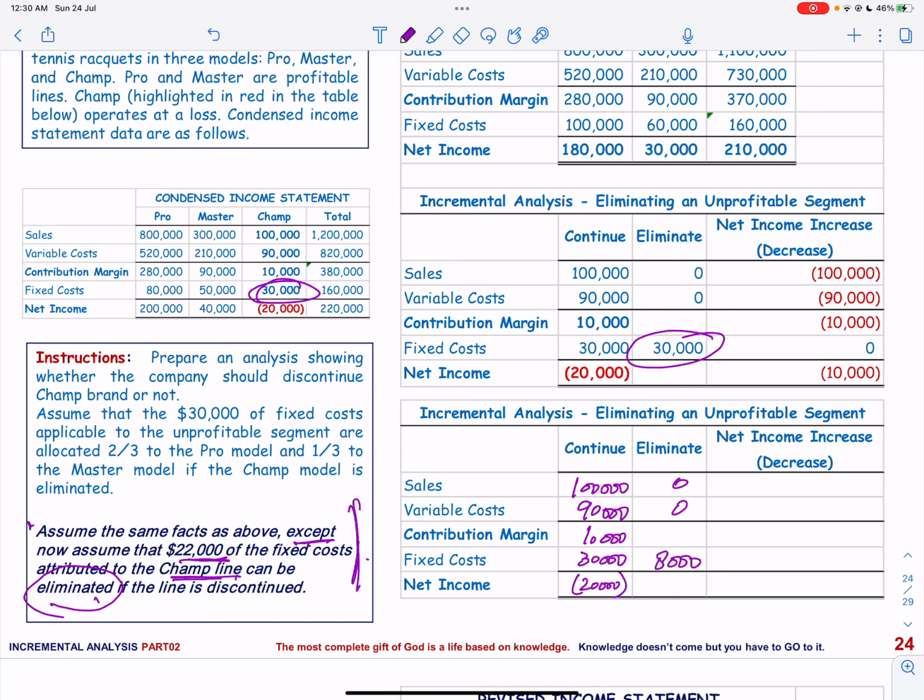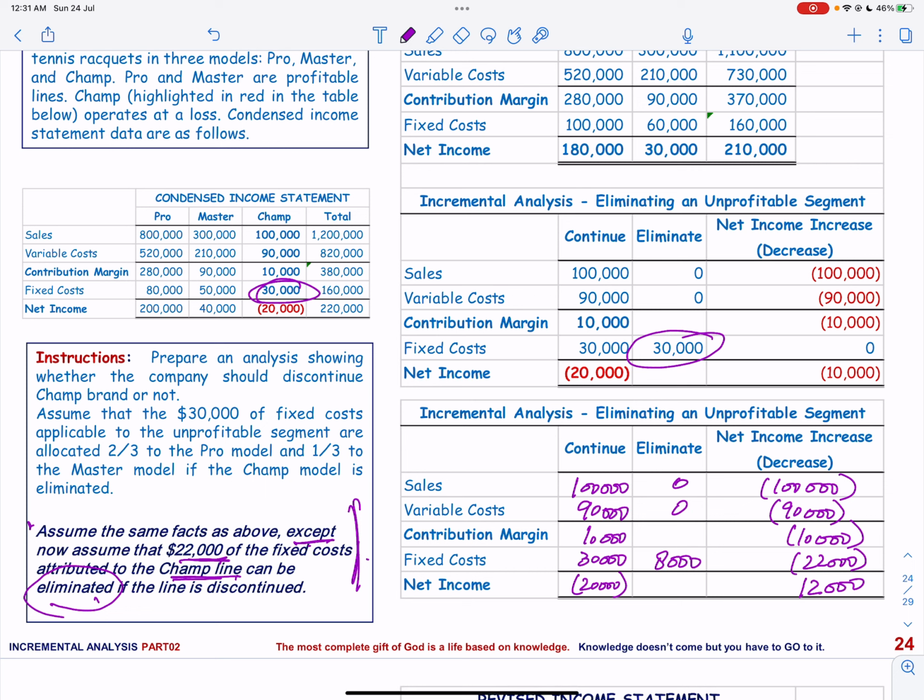So our sales is going to decrease by 100,000. Variable cost will decrease by 90,000. So the contribution margin decreases by 10,000 and our fixed cost is decreasing by 22,000. So now there is a net income change of 12,000 because fixed cost has decreased.